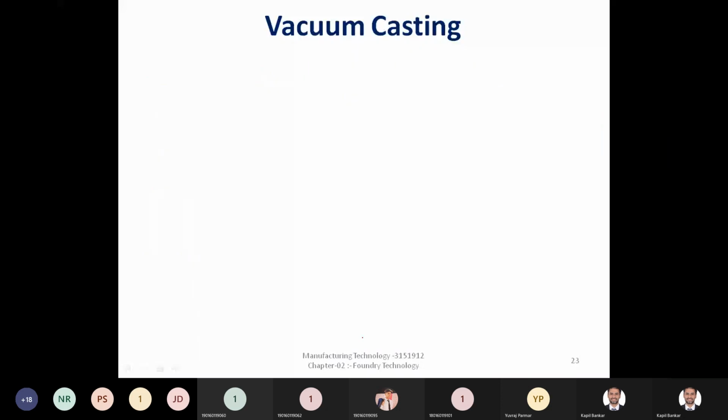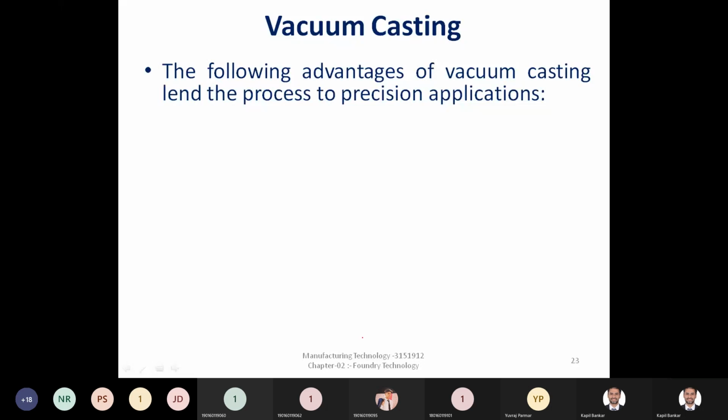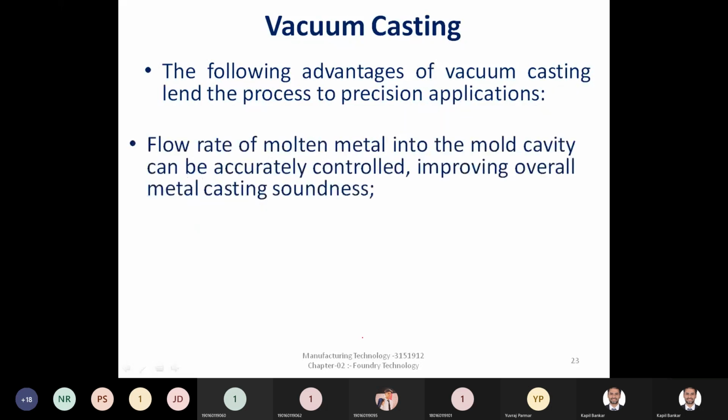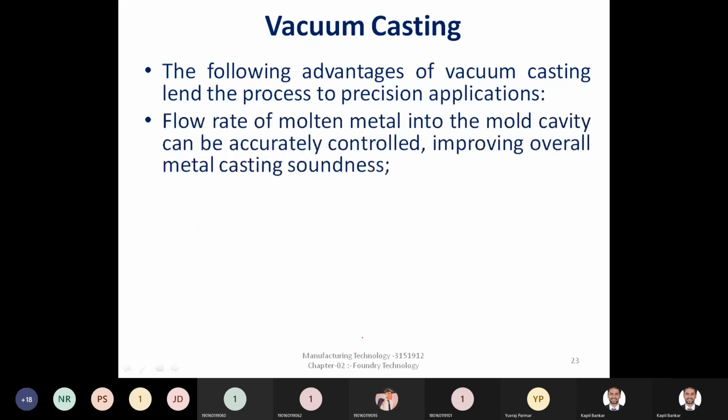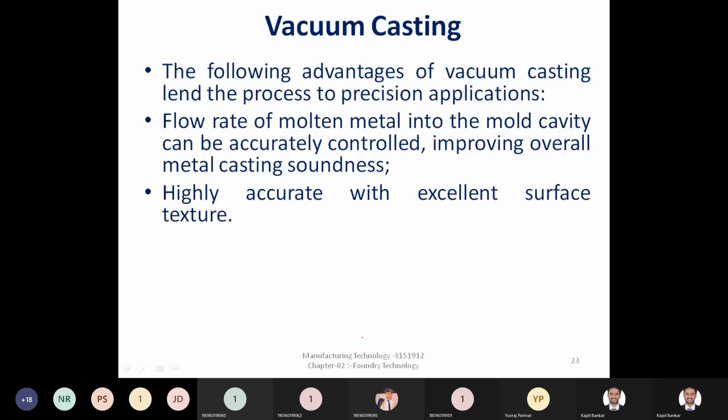Here some advantages associated with vacuum casting are listed. As I told you, the flow rate can be controlled, improving overall metal casting soundness. Because of this controlled flow rate, sound castings can be produced. High accuracy with excellent surface texture.